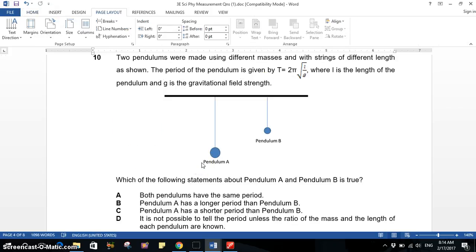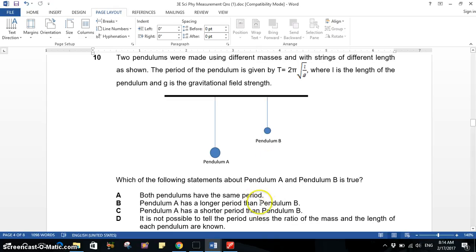Now for question 10, they tell you that you have different masses and different lengths for pendulum. Please remember that there's only 2 things that affect the period of a pendulum. They are the length of the pendulum, where length increases, period increases, and the gravitational field strength, where the larger the gravitational field strength, the smaller the period.